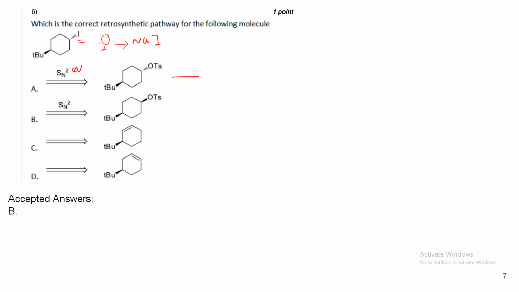So for this case, if we do the SN2 with I minus, again inversion would be happening in this particular center as we are doing SN2. So here is the tertiary butyl, and here iodide will be above, but here you can see it is below, so it is not the right option.